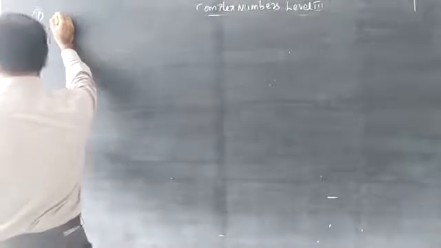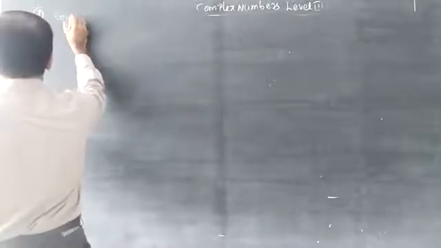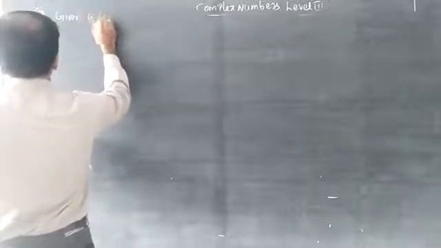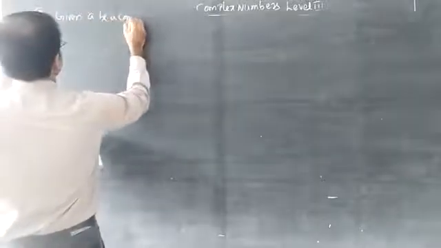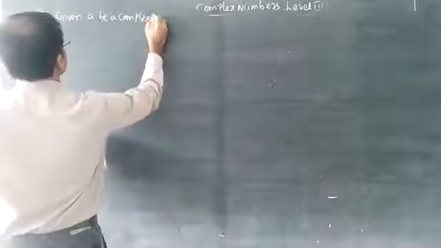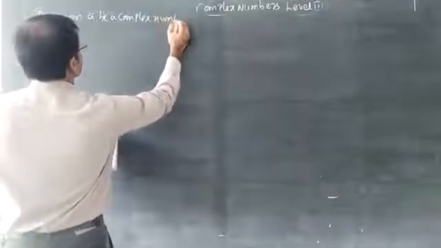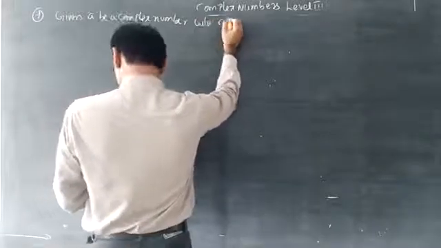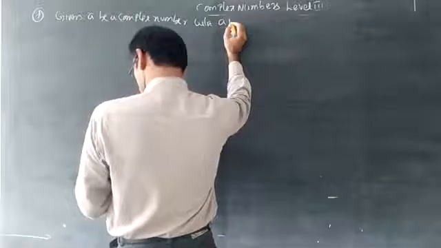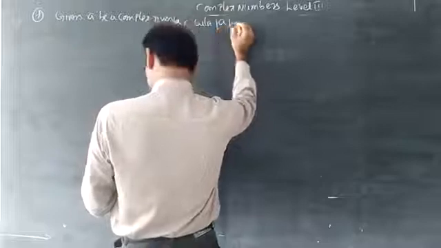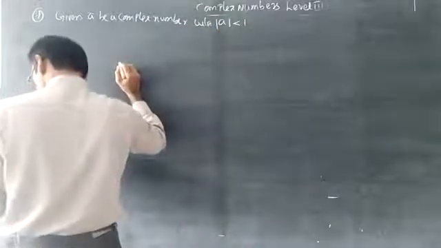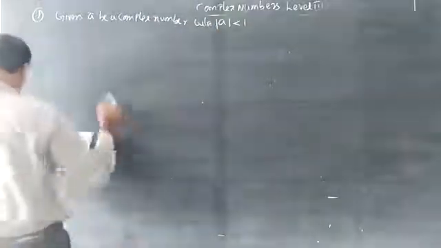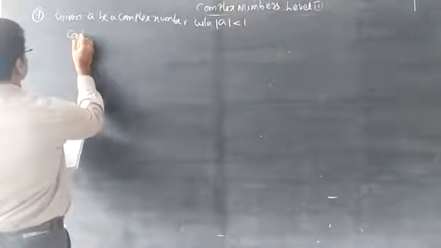Let A be a complex number with mod A less than 1. Z1, Z2 are vertices of a polygon such that the condition I am writing here.